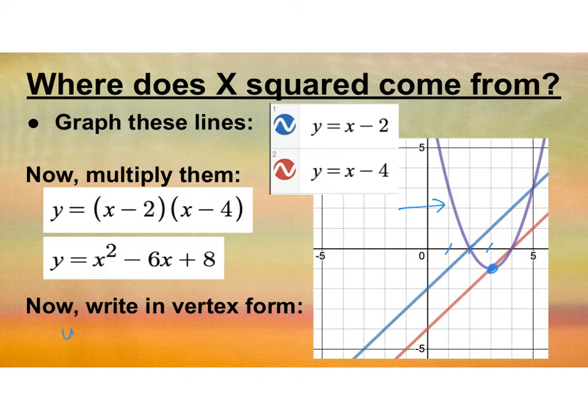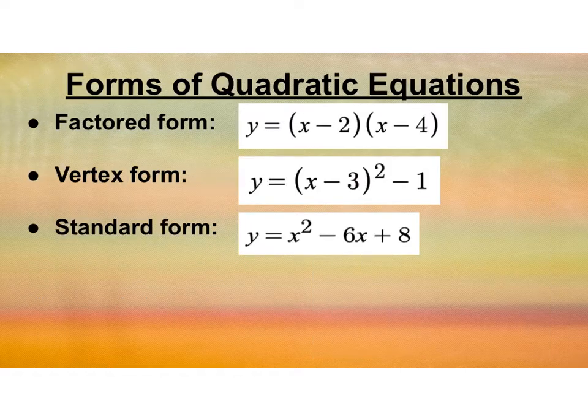So I want to write y equals x minus 3, because we're going in the opposite. Don't forget your squared, and then minus 1. That would be vertex form. Here we have factored form, standard form, vertex form, all the same. So this is an example where these are all the same thing. We have different numbers, but if you graphed them all, they would all be the same parabola.